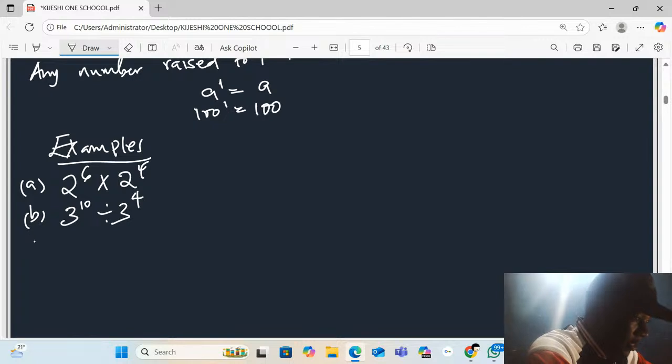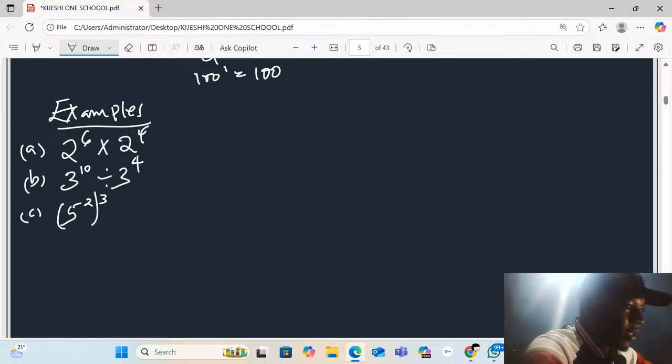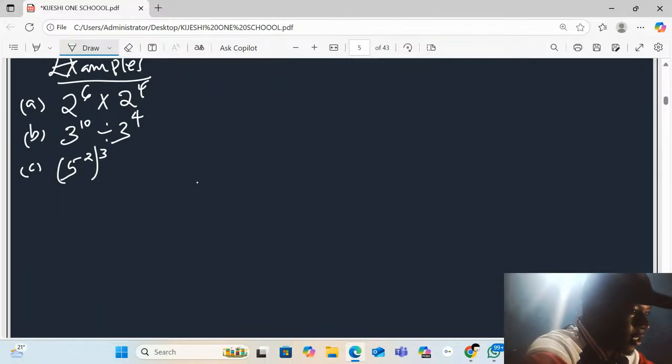Then C, 5 raised to 2, then brackets raised to 3. So I want us to use our given laws to apply on how to solve the given examples. So let us look at the solution for this.